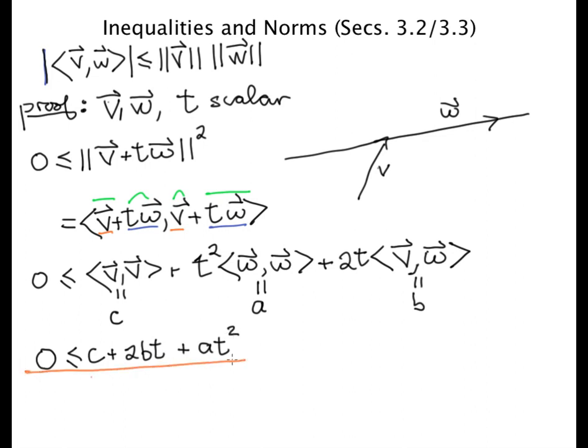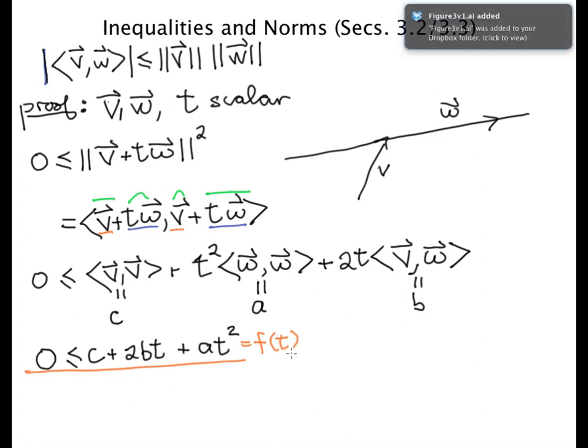And so this is a quadratic function here. Call this thing f of t on the right-hand side. And what I'm saying is that this function is greater than or equal to 0 for all values of t.